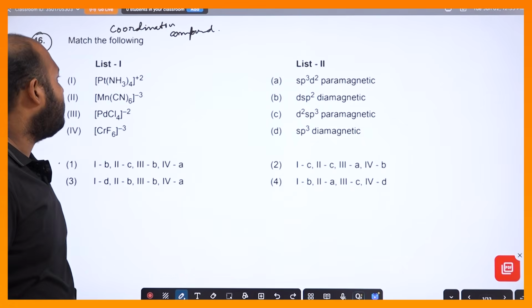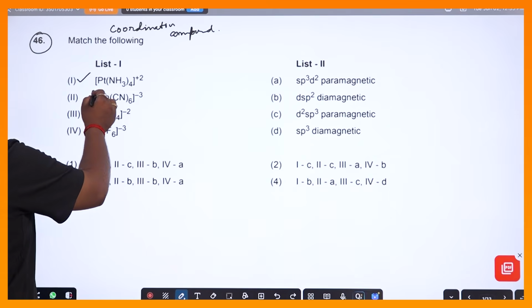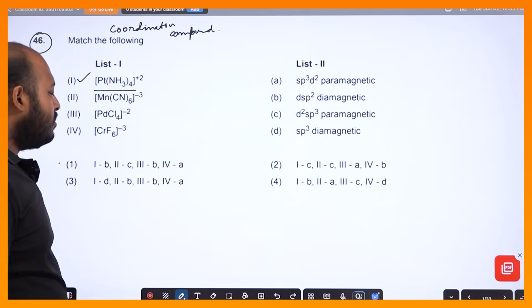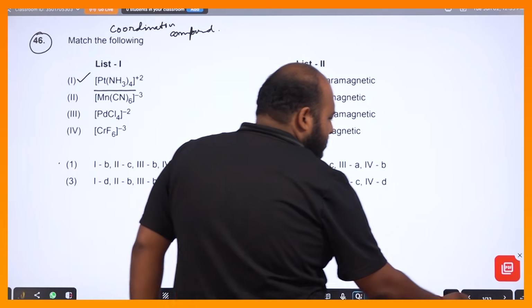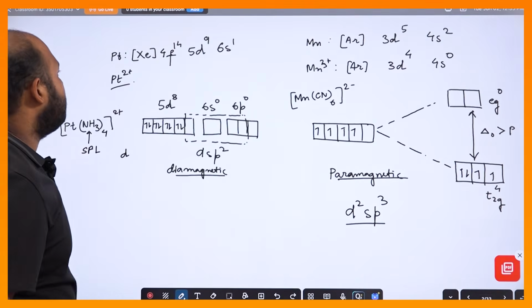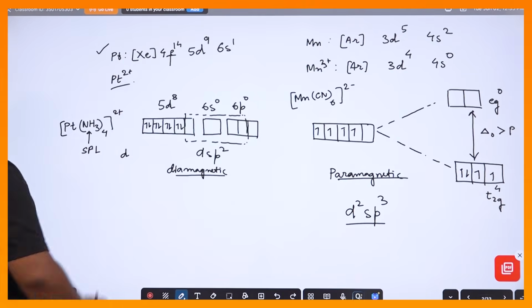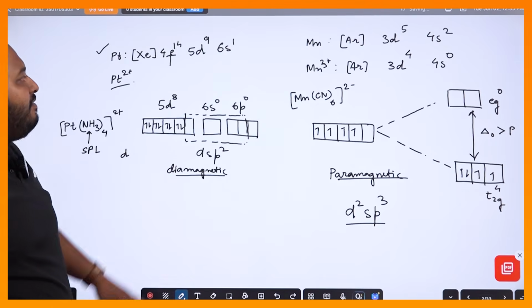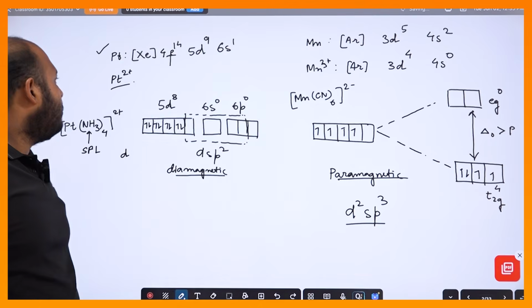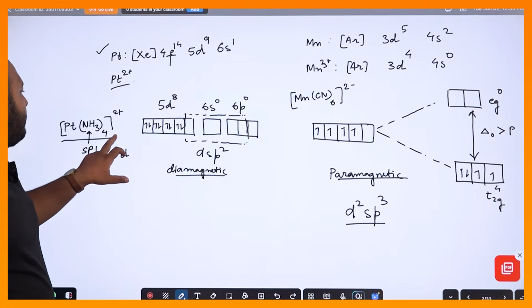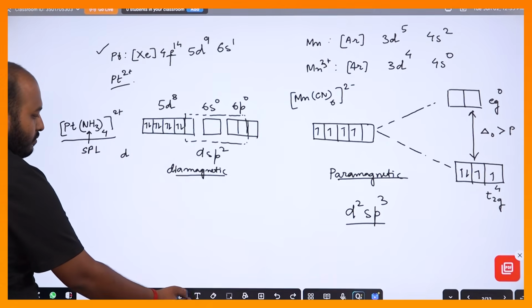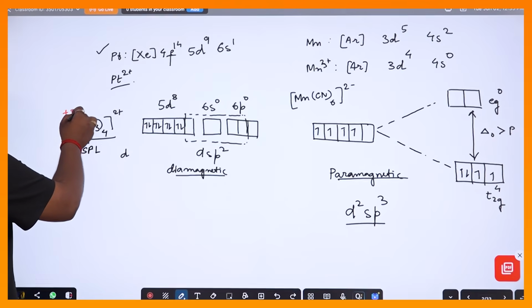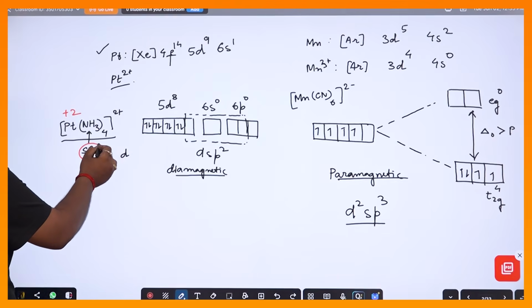So let us check the first compound, that is of platinum, Pt(NH3)4 2+. Let me just show you the case. We know the configuration for Pt is 4f14 5d9 6s1. So the Pt in this compound is in +2 oxidation state, and the ligand here present is a strong field ligand.